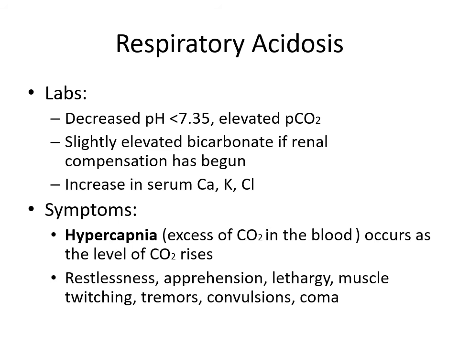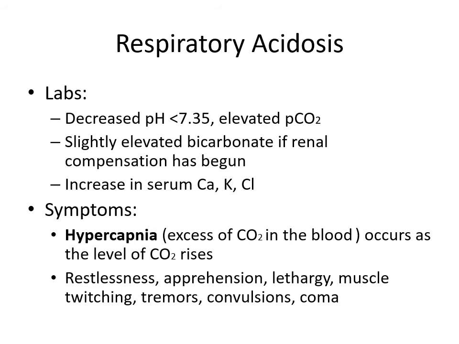For respiratory acidosis, the labs will present with decreased pH less than 7.35 and elevated PCO2. There will be slightly elevated bicarbonate if renal compensation has begun, and there will be an increase in serum calcium, potassium, and chloride.